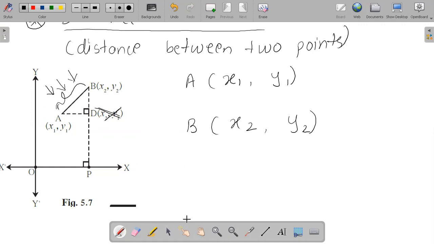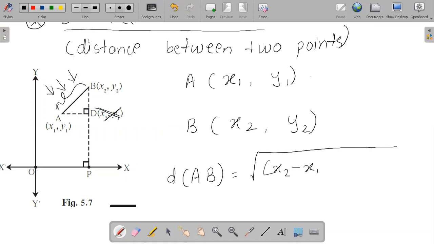To find the distance between the 2 points, we will use this famous formula called the distance formula. I'll write the distance between A and B, denoted as DAB, meaning the distance between point A and point B. The formula is the square root of x2 minus x1 the whole square plus y2 minus y1 the whole square.